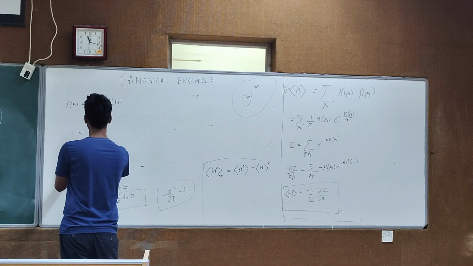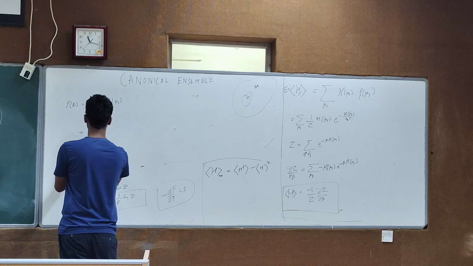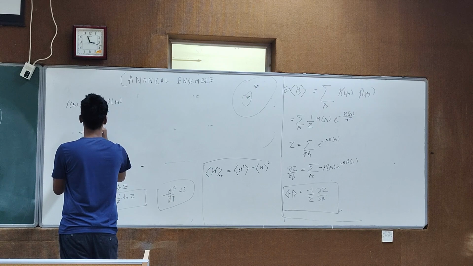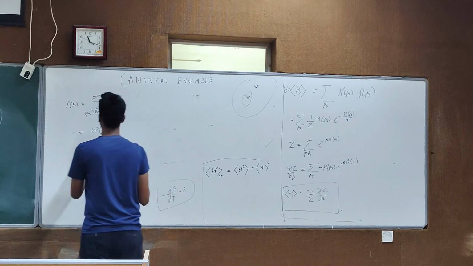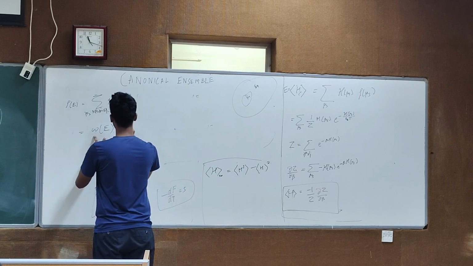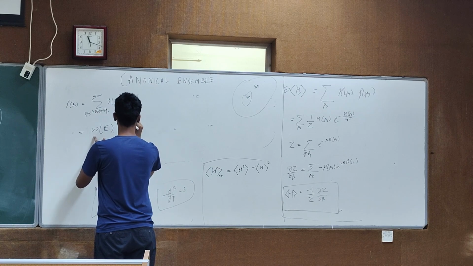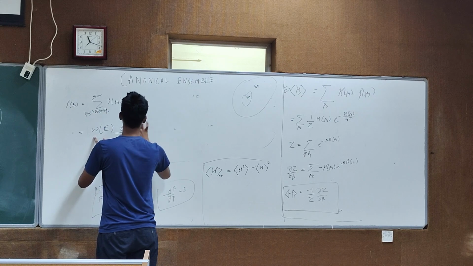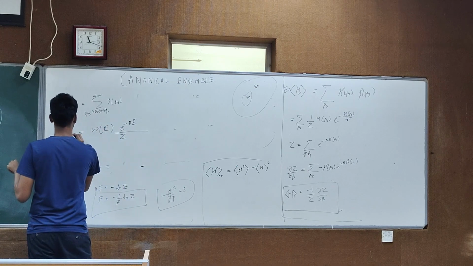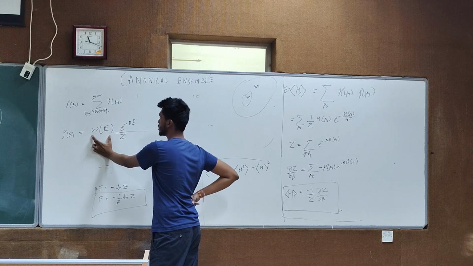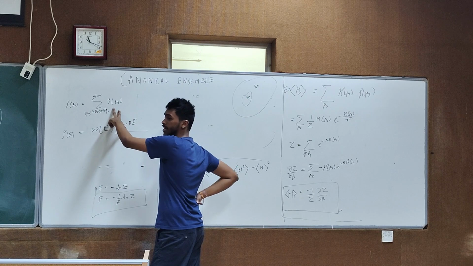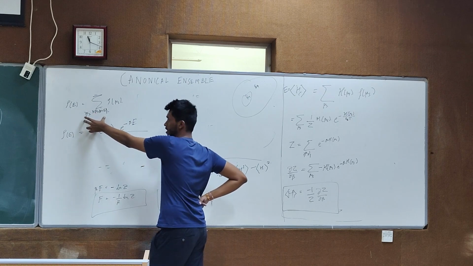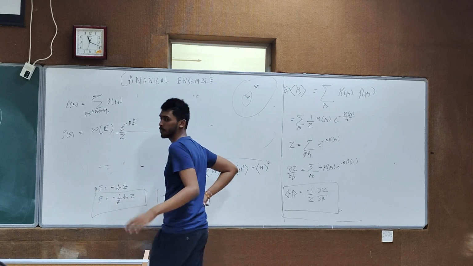This comes out to be a function called the density of states, omega E, multiplied by the probability e to the power minus beta E. This is the number of states with energy E. All the states with energy E have equal probability, so if you sum over all the states with energy E, you get omega E, the number of states with energy E.